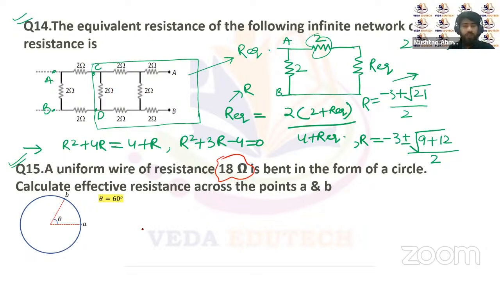Calculate the effective resistance across points A and B. We have a uniform wire of resistance 18 ohm, bent in the form of a circle, and we have to calculate the effective resistance of the circuit across the points A and B.